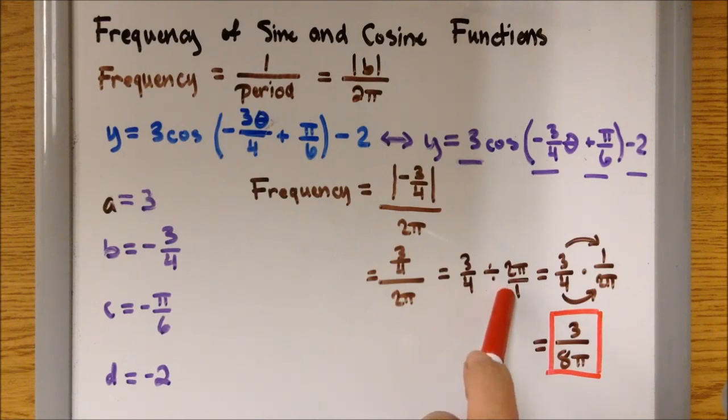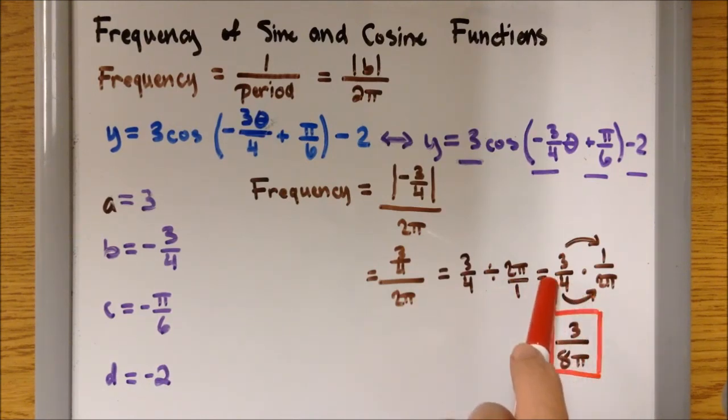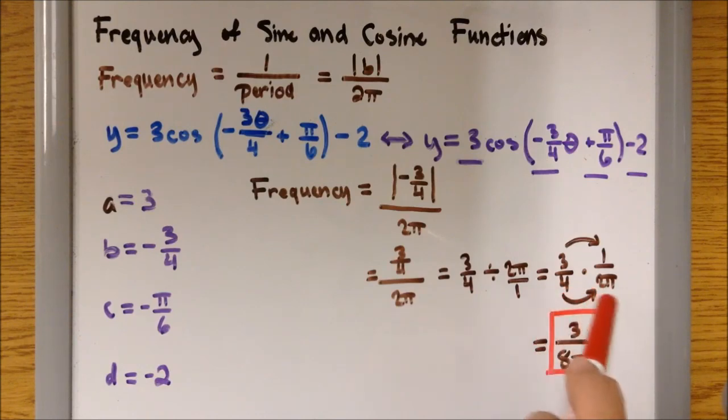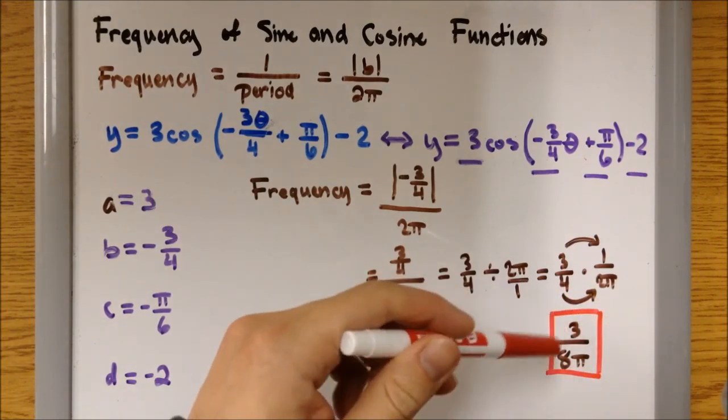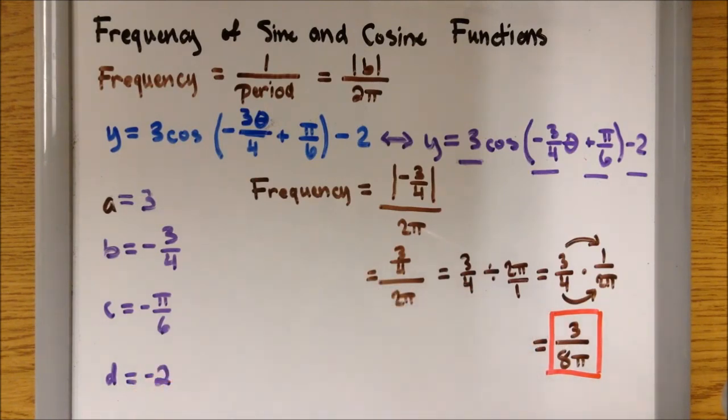So when we're doing that, from division to multiplication, we flip the second fraction, which is 2 pi over 1, we flipped it, and then we simplify it as a multiplication, so numerator times numerator, and then denominator times denominator, which is 3 over 8 pi. We can't simplify because there's nothing in common between 3 and 8. So our frequency is 3 over 8 pi.